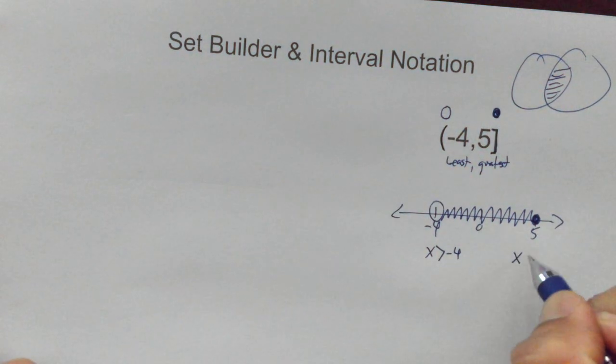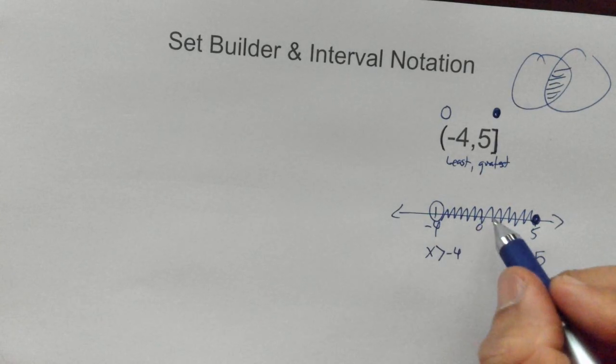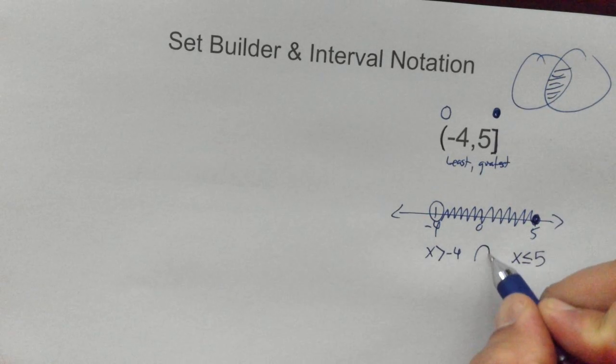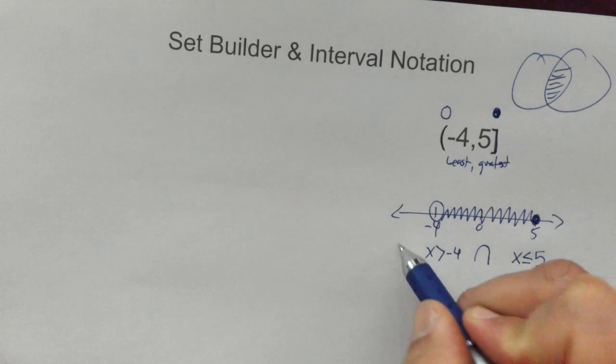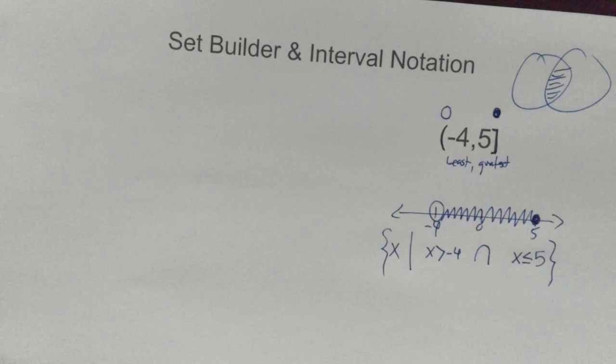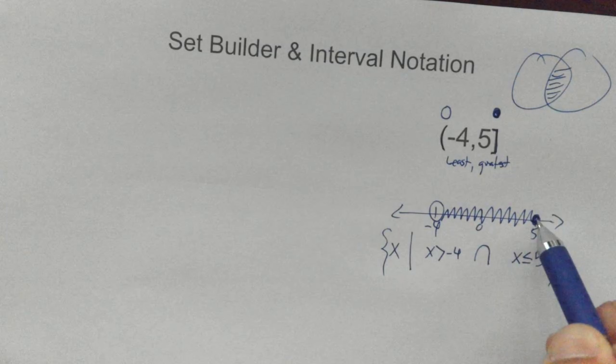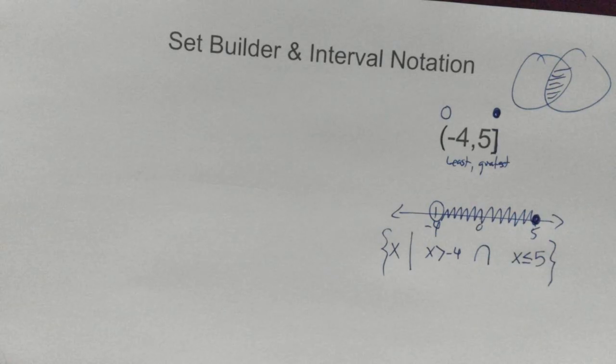So this part can be described like this. And since I'm dealing with the intersection, the part that overlaps, I'm going to put the and symbol instead. And that's how I describe the set builder notation. The value is greater than -4, and it's also less than or equal to 5.